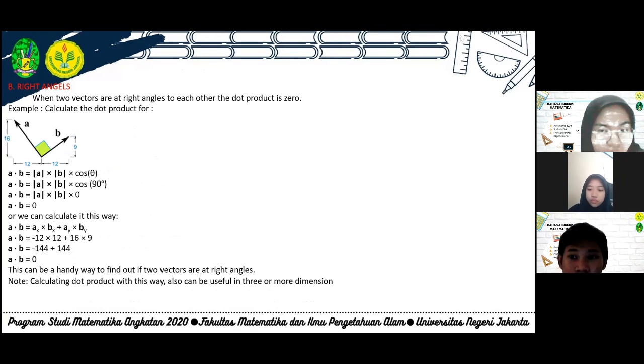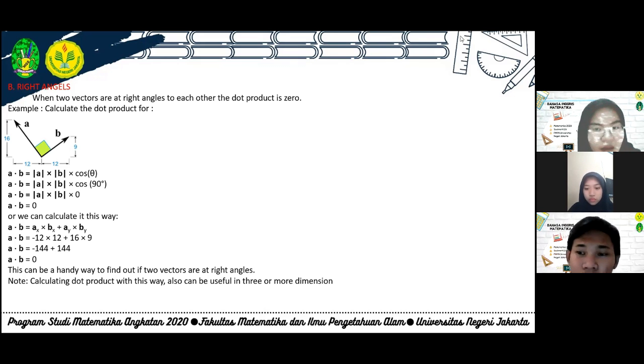Which equals the magnitude of A multiplied by the magnitude of B multiplied by cos 90 degrees. Which equals the magnitude of A multiplied by the magnitude of B multiplied by 0.